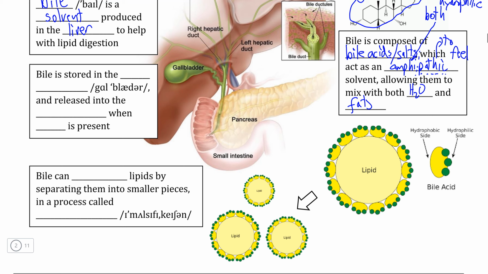The side of a bile acid or a bile salt that fears water is going to be attracted to a large clump of fat molecules or any other lipid that doesn't dissolve in water. And bile is going to use this hydrophobic side in order to pull the fat molecules away from each other in order to get them to break into smaller fragments, each of which is now more easily able to digest.